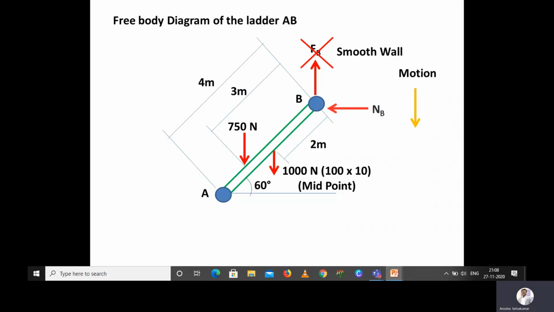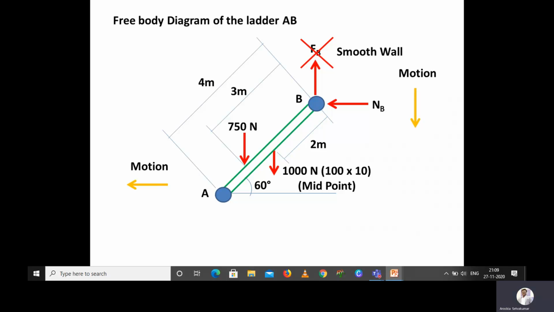Apart from that, at that particular point, we will have a normal reaction, that is NB. This is due to the wall and the point of contact. The normal reaction will be perpendicular to the wall. The next one is point A, because point A is in contact with the ground.